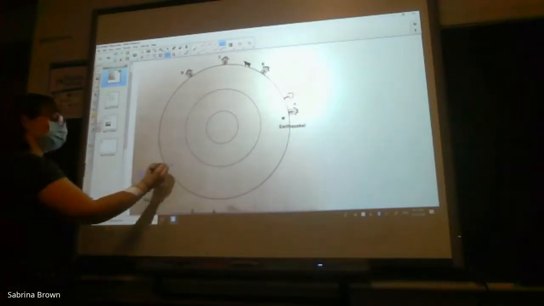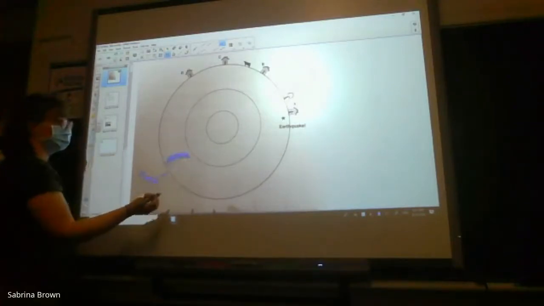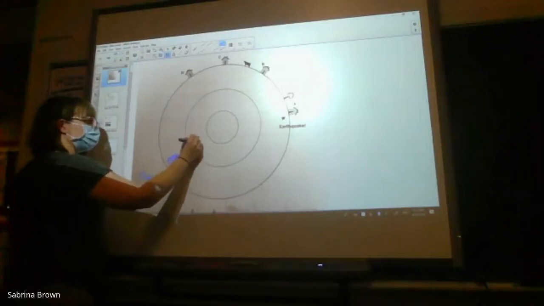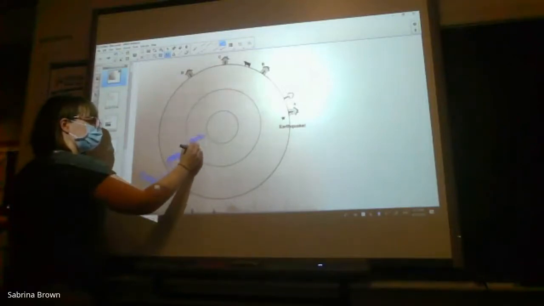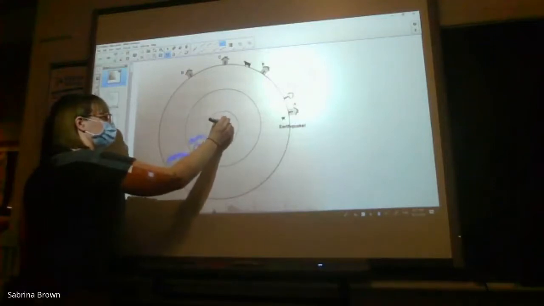And then this layer is the mantle. And then we have the outer core and the inner core.